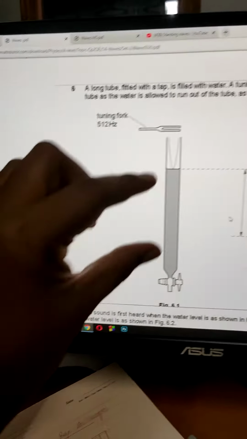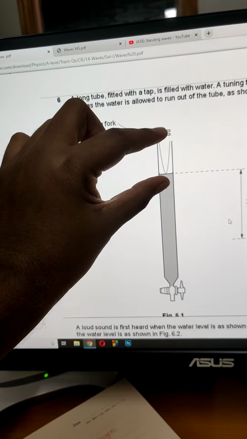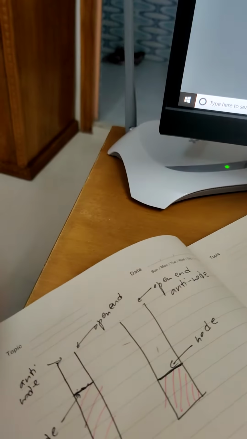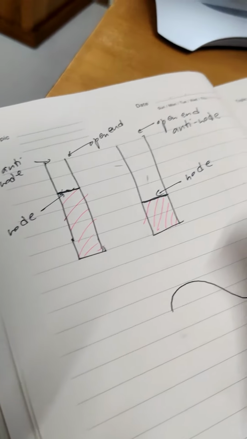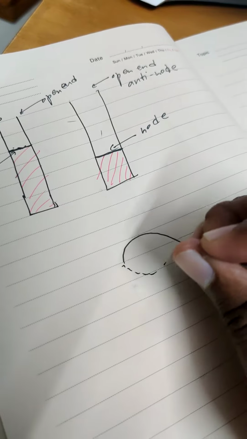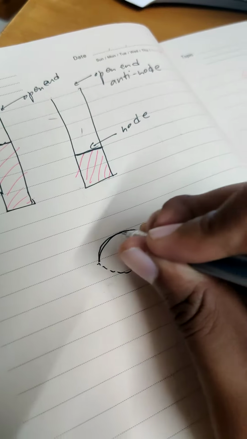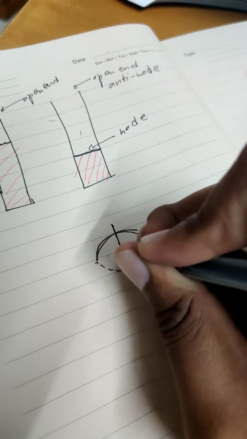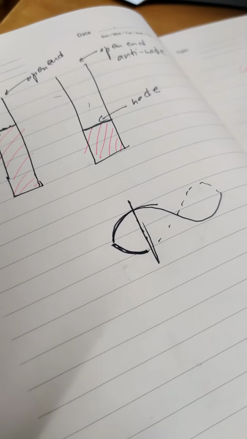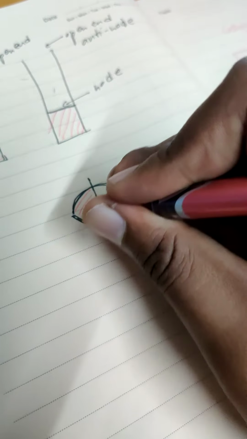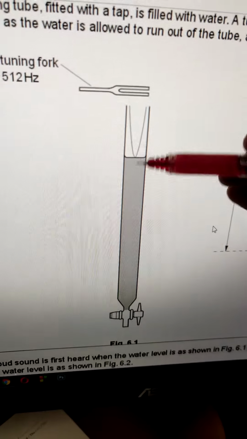Basically this part is 1/4 of a wavelength, right? See, if we draw a wave, like a standing wave like this, this part, just this much, that's the part that's been shown here.